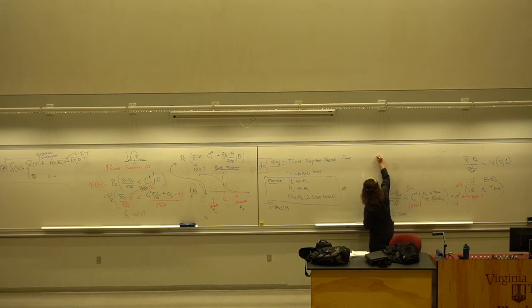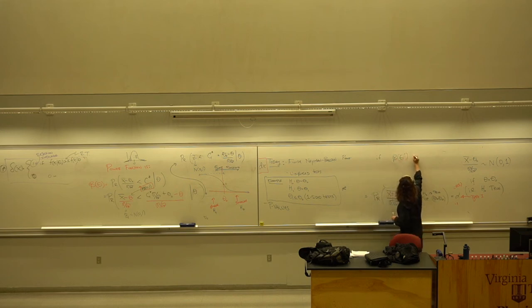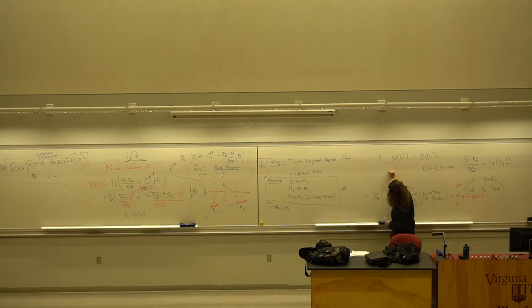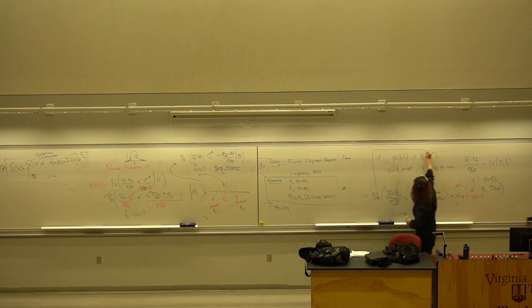So if our power function, so I'll say beta naught, or beta prime, right here is in the null space. Beta prime is an element of the alternative space. We say the test is unbiased.